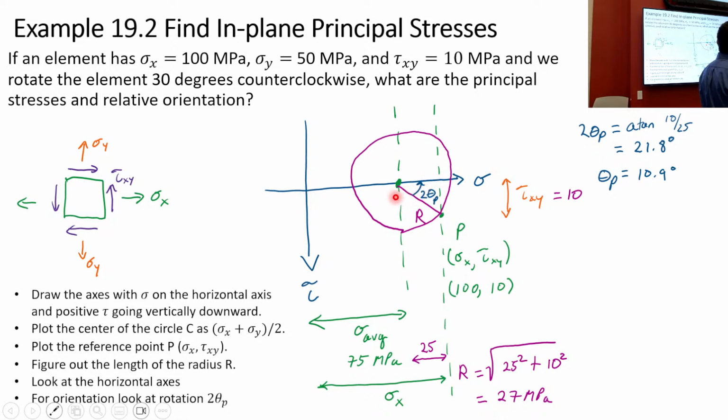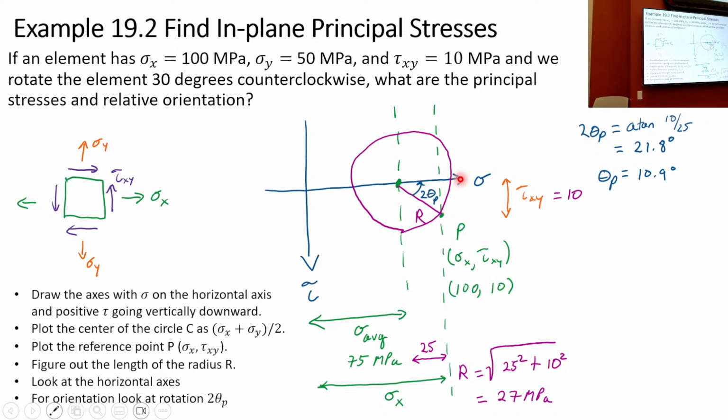Last time, remember we said we were 21.8 degrees from the horizontal. We calculated that by the arc tangent of 10 over 25. That's how many degrees we are away from the state of principal stress on Mohr circle.